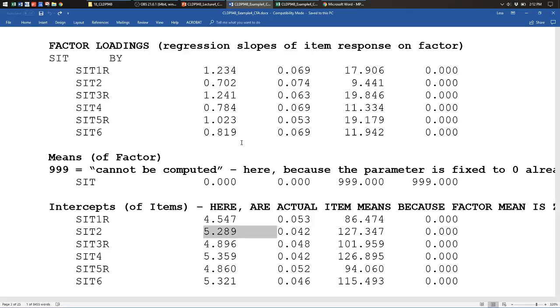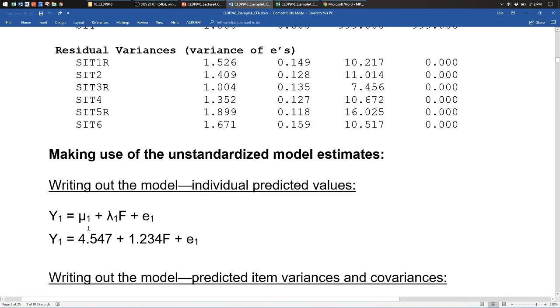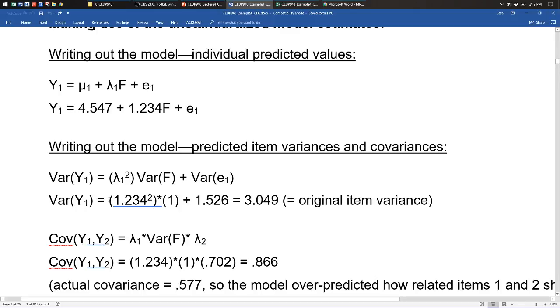Once it has figured out what the loading is and the factor variance, it knows this, and it knows this. It just has to figure out that. Once you know 2 out of 3, you get the third. It's like when you represent a 3-group variable in a model with 2 dummy codes. You don't need the third. It's a linear combination of what's already there.